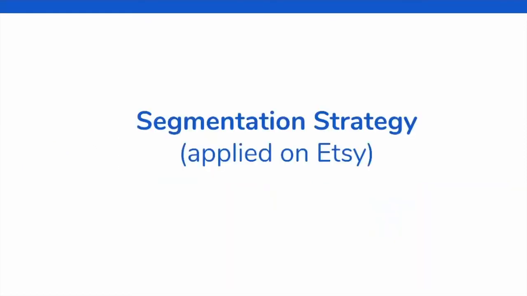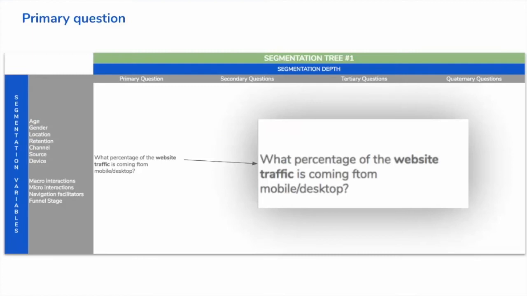But let's see how that looks like applied on Etsy. So what we see here, it's another framework that's basically a different representation of the one I mentioned earlier. And we start with the primary question that revolves around one variable that for this context is the user's device.